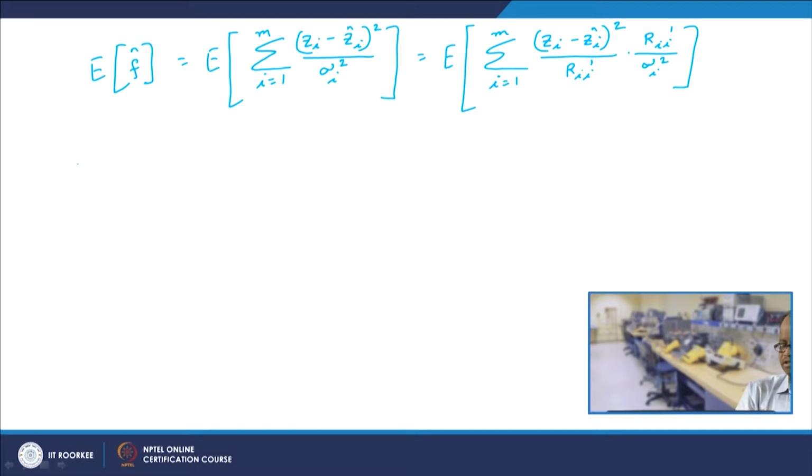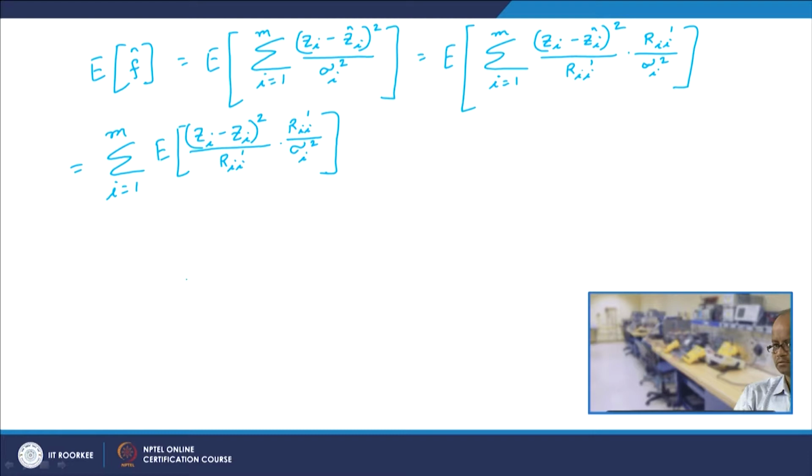Therefore, this is nothing but the sum from I equal to 1 to m of the expected value of (Z I minus Z I hat) whole square by R I dash into R I dash by sigma I whole square.